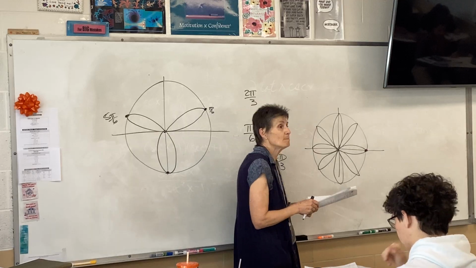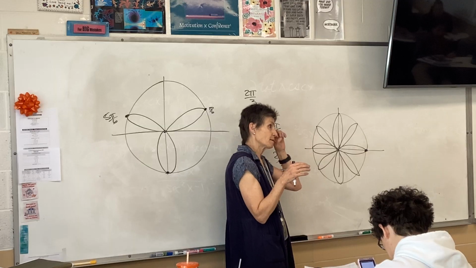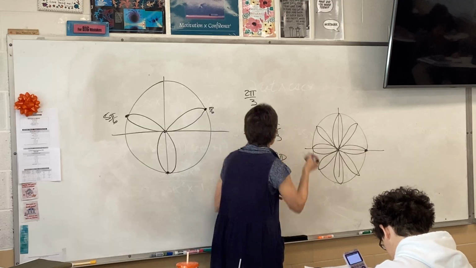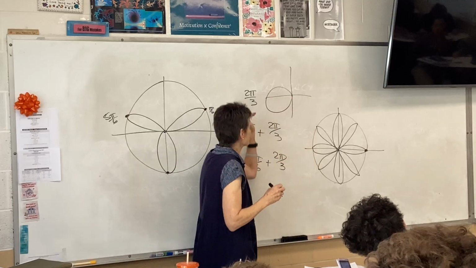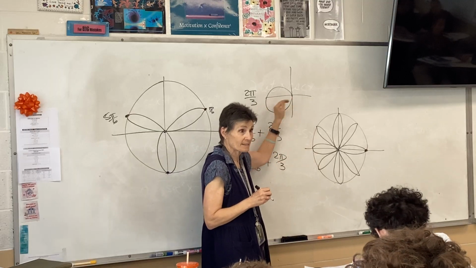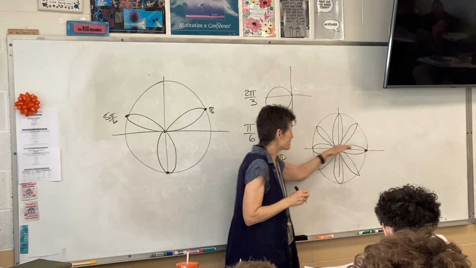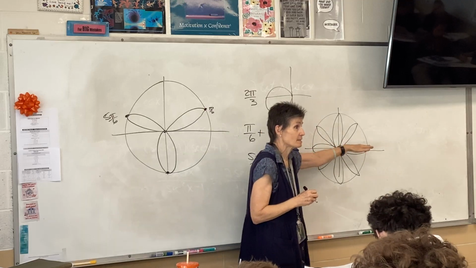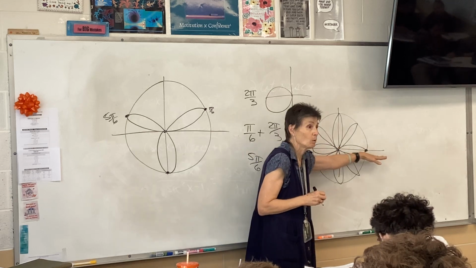And what kind of symmetry does this have? Some of your shapes have symmetry, like the circle that you graphed earlier. It has symmetry about the horizontal axis. Does it have symmetry on the horizontal axis? Yeah. By the way, that's called the polar axis.